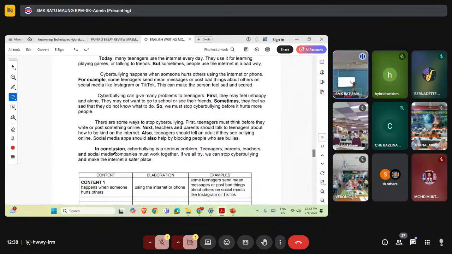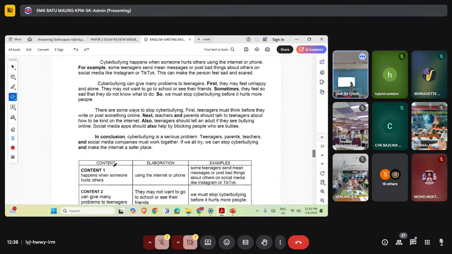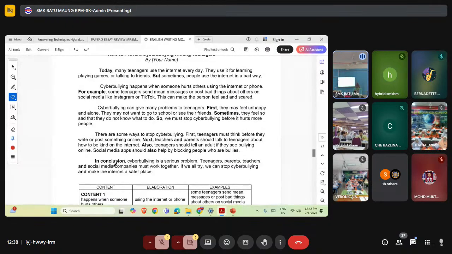This is for A2 level. Can you please go back? Which one is better, the first or the second one? Which one is longer? Do you think this one has enough elaboration and examples?